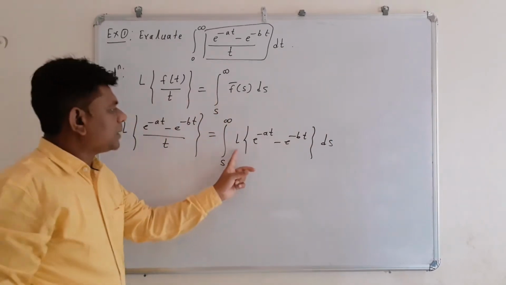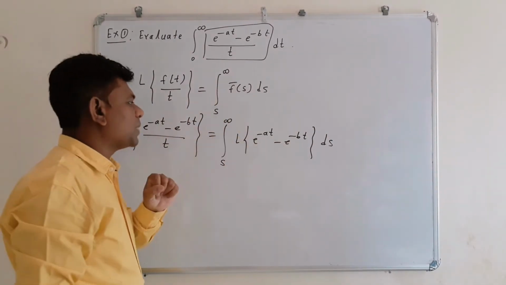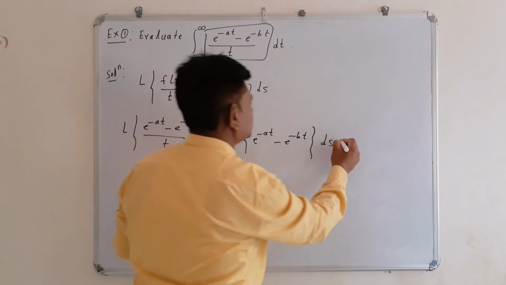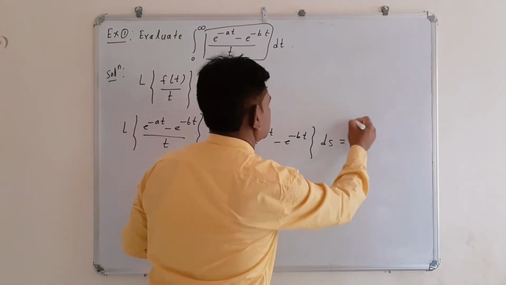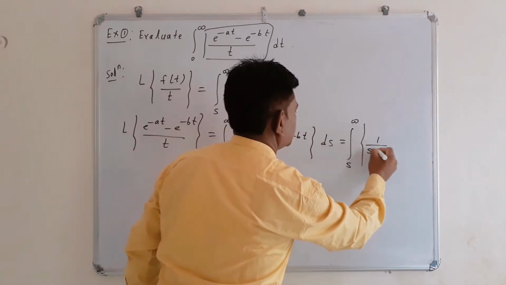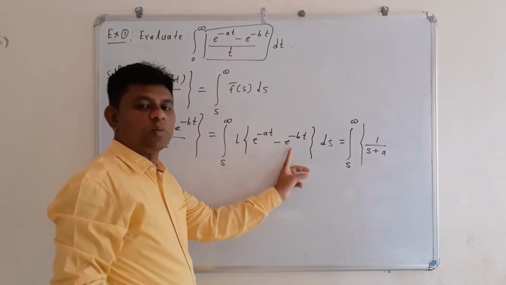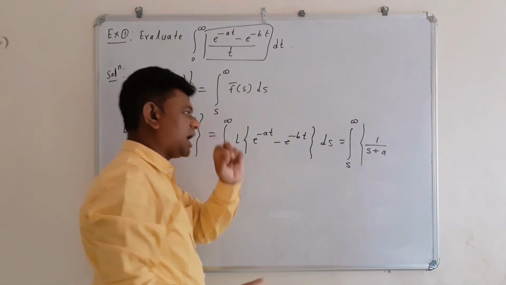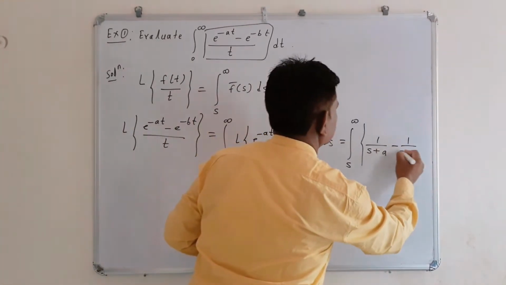Now Laplace transform of e to the power minus at, answer is 1 upon s plus a, and Laplace transform of e to the power minus bt, answer is 1 upon s plus b.